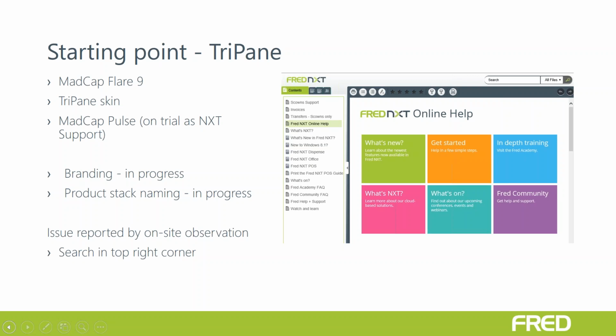At the time, we wanted to use Pulse as a mechanism to provide customer support and customer engagement. So we decided to hold off from using the TopNav that was used for internal projects, and Fred NXT Online Help pretty much had to stay in a Tripane for a little bit longer.